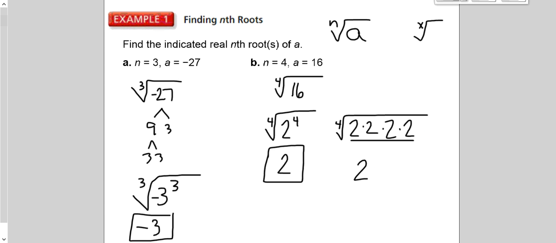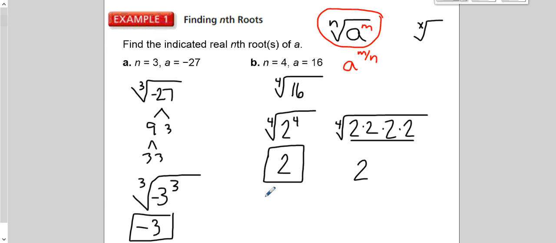Well, with this new information, we can also use the fact that this is equal to a to the m divided by n.